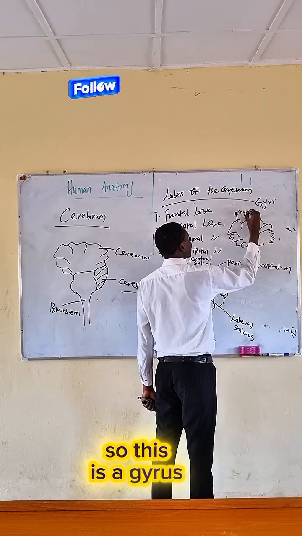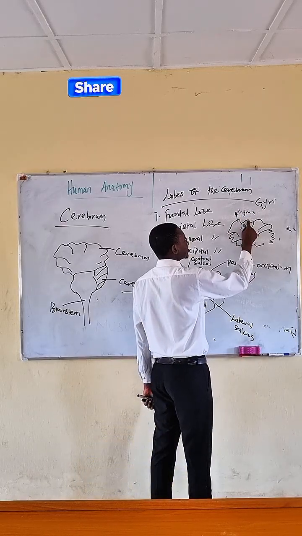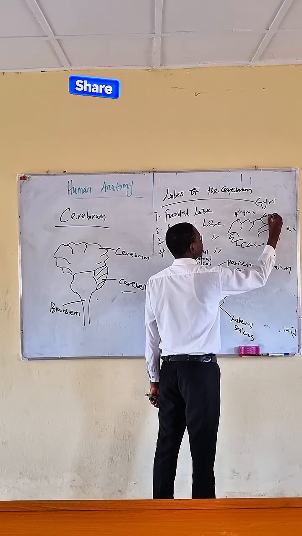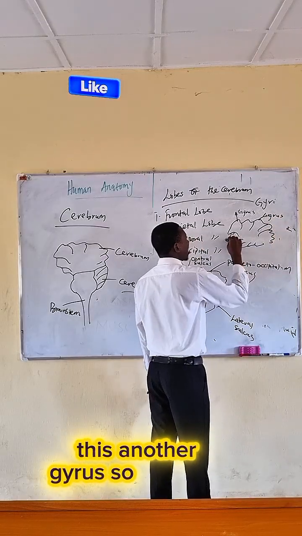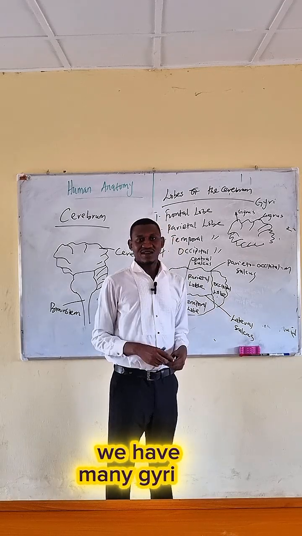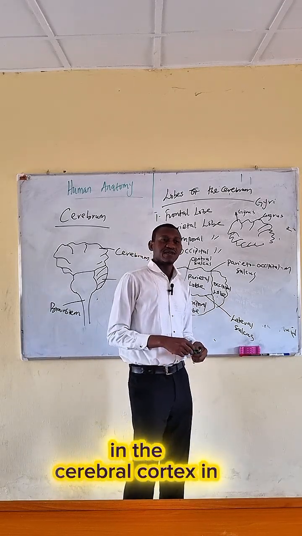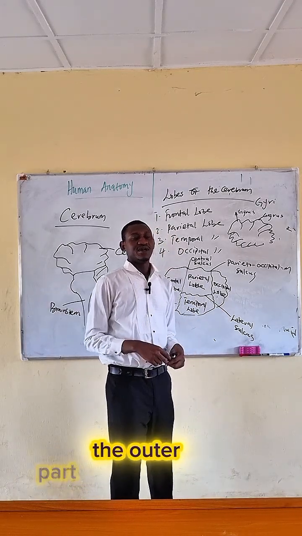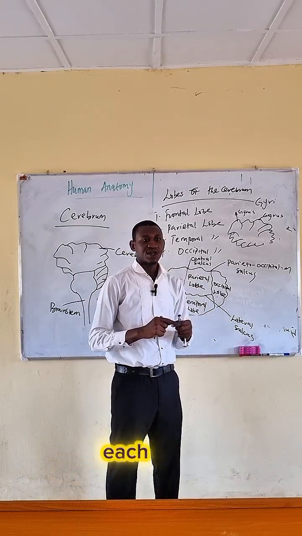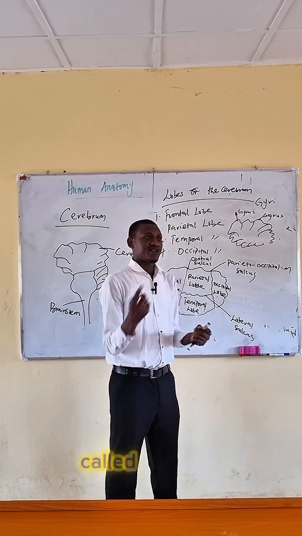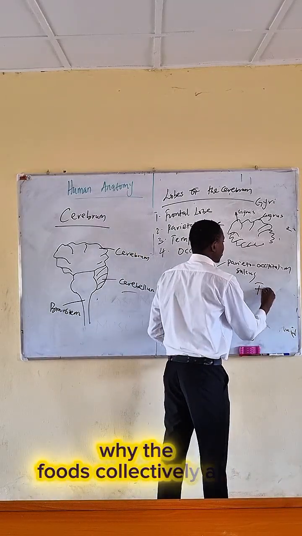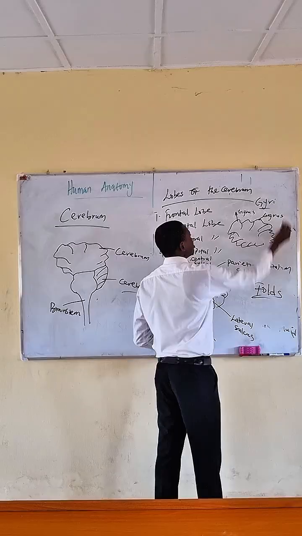So this is a gyrus. This is another gyrus. So we have many gyri in the cerebral cortex, in the outer part of the cerebrum. Each of these folds is called a gyrus, while the folds collectively are referred to as gyri.